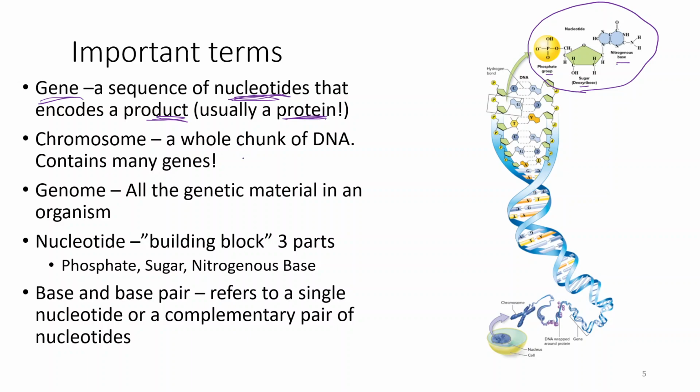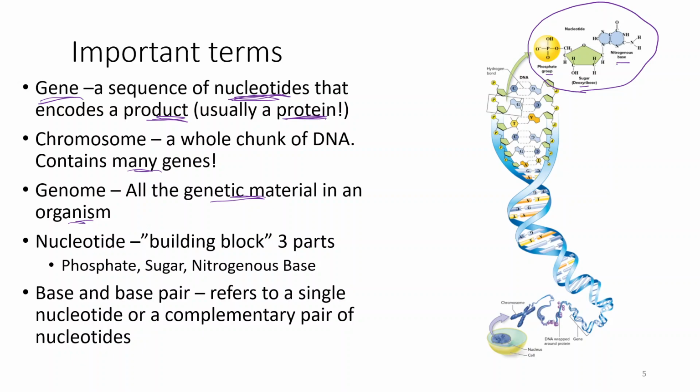A chromosome is a whole chunk of DNA that has lots of genes, right? So that's way down here on our little scale. A genome is all the genetic material in an organism, so that's lots of chromosomes.